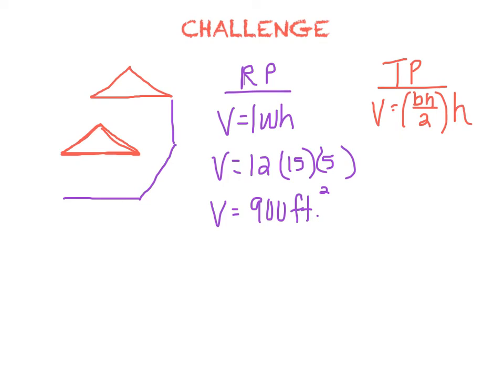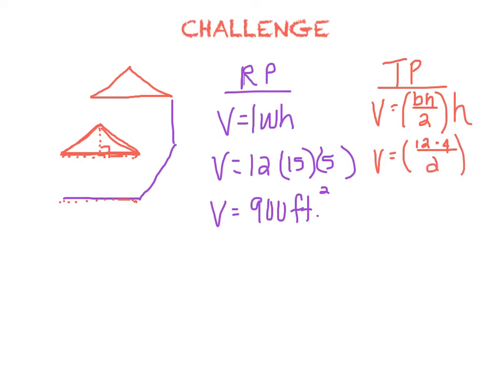So the base of that triangle, I don't see a number, but if I know this is 12, that means this is 12 since opposite sides of a rectangle are equal. The height is 4, again because the 4 and the 12 form that right angle.